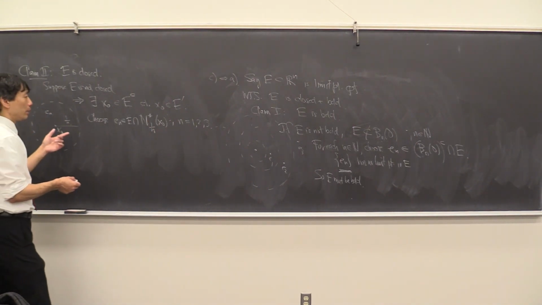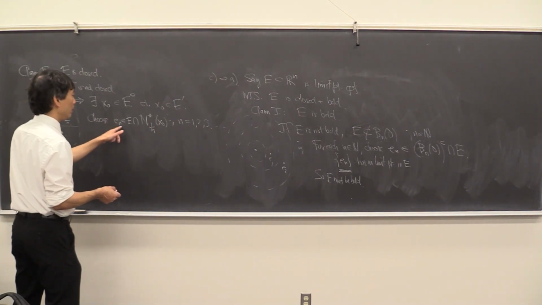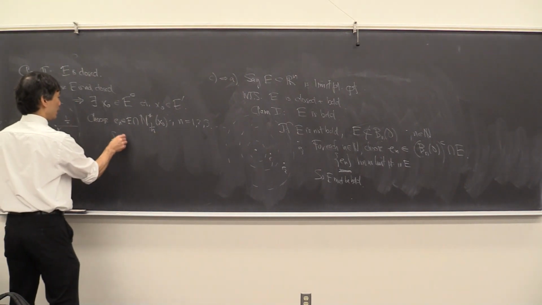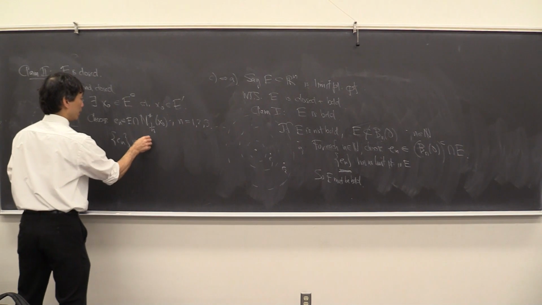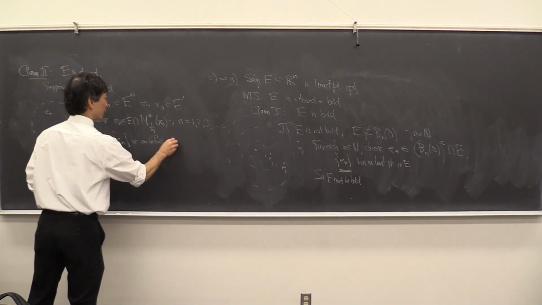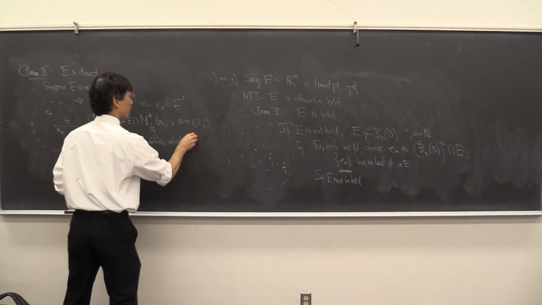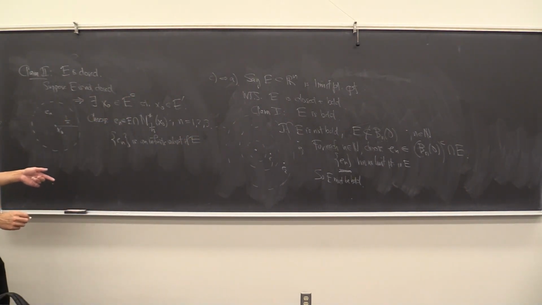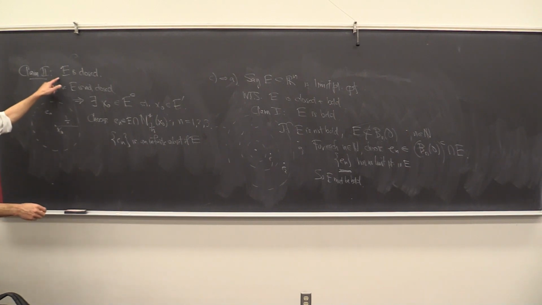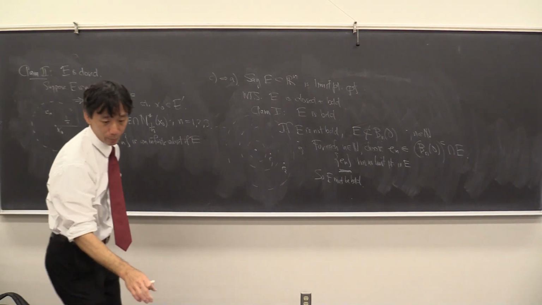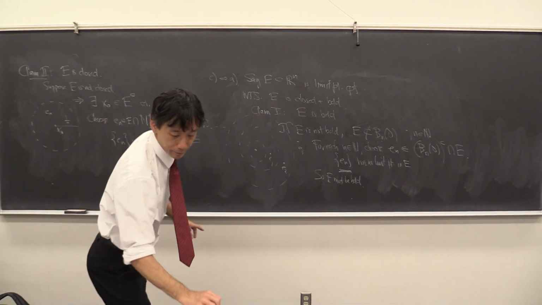Right. So, okay. So now, what are we going to say? E sub n is an infinite subset of E, right? And we know that our space is limit point compact, right?